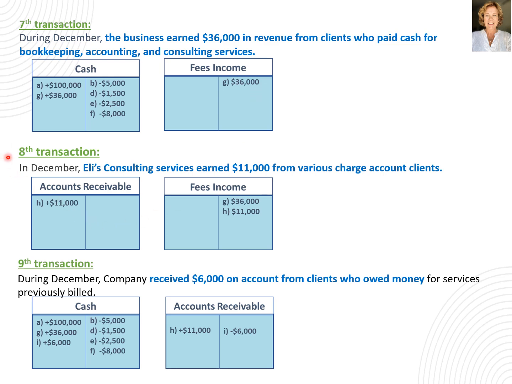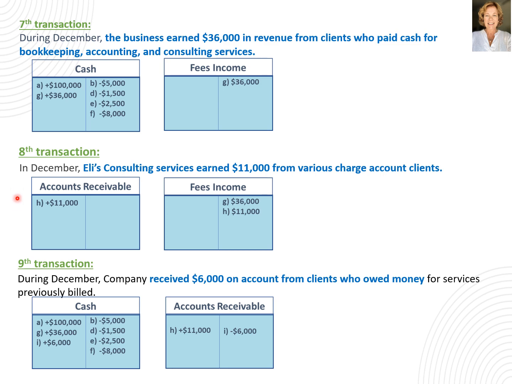For our 8th transaction, Eli's Consulting Services earned $11,000 from various charge account clients. So in contrast to the prior transaction, we're not receiving cash, but we're receiving something almost as good as cash. Still an asset, and it's called accounts receivable.